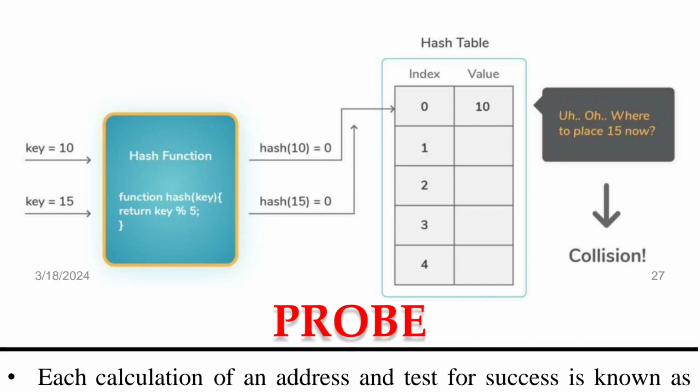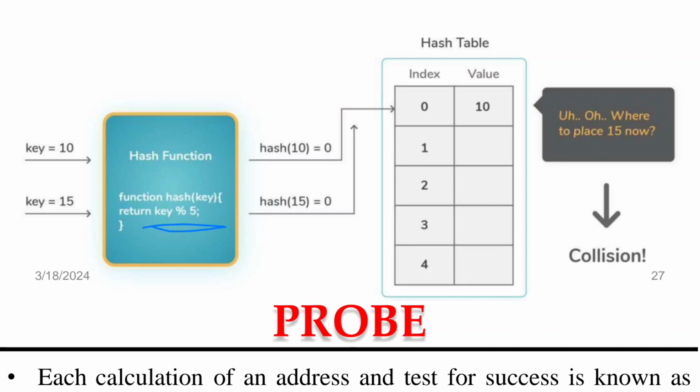Now I have the hash function key % 5. What is the percent symbol here? It is nothing but the modulus. What is the modulus operator?